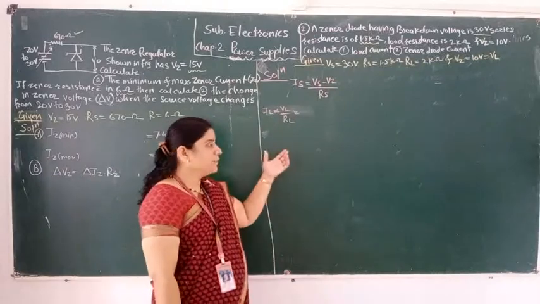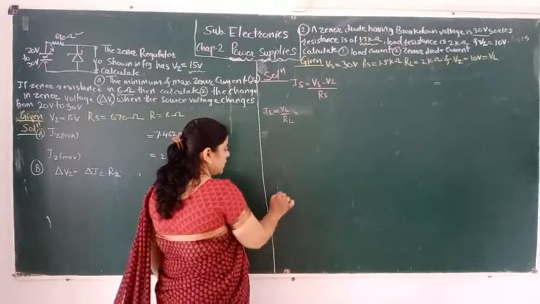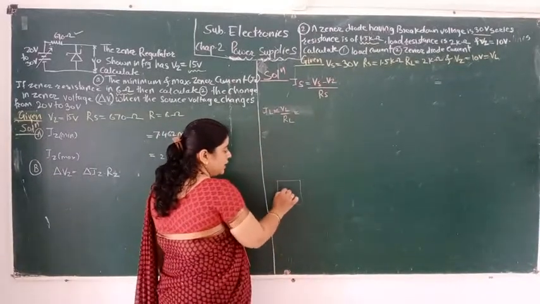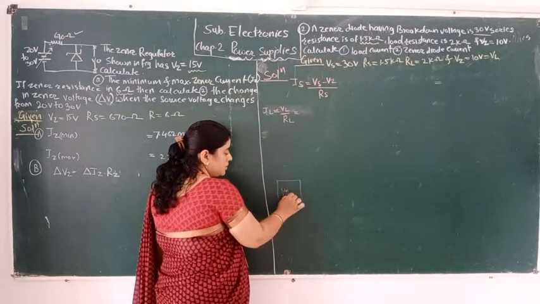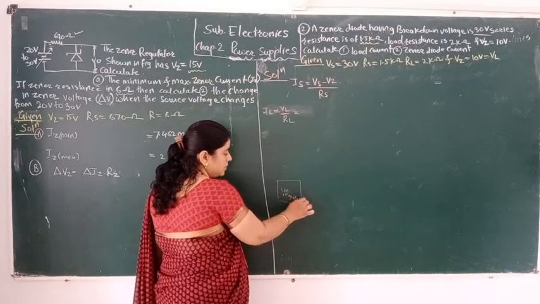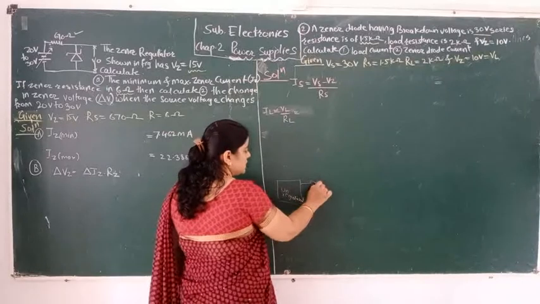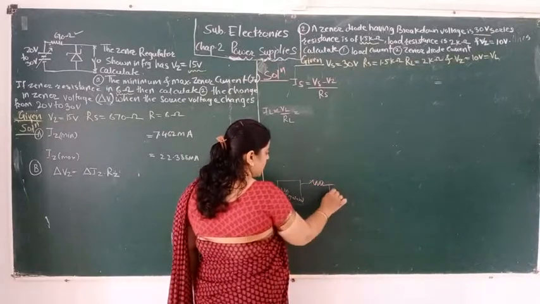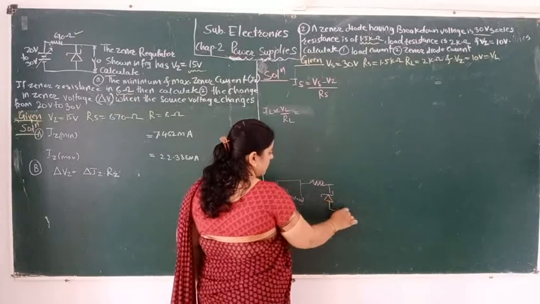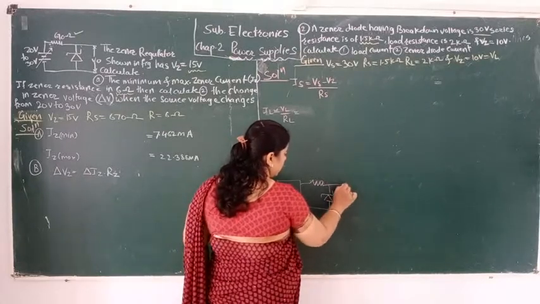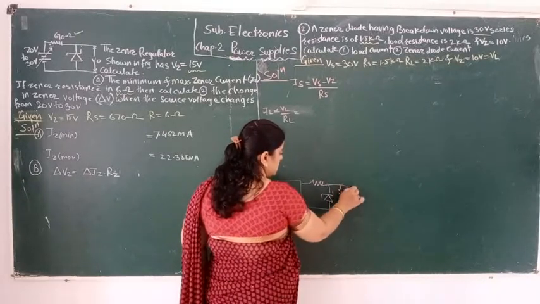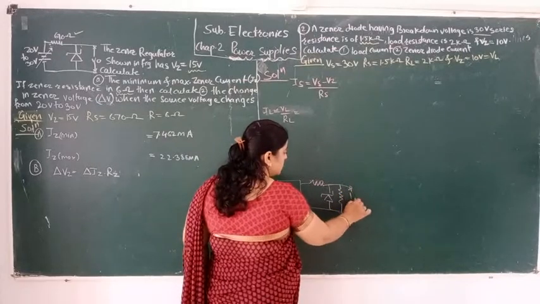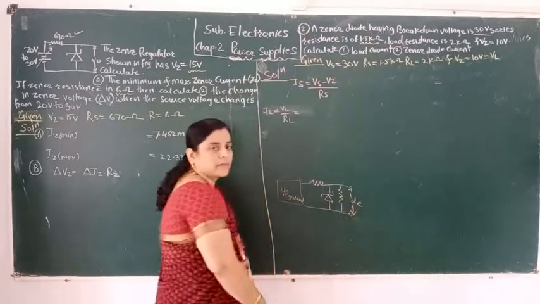What was the circuit diagram for a regulated supply from an unregulated supply? A series resistance was used, then a Zener diode, and we get the output across the load resistance RL, where the DC output is there.